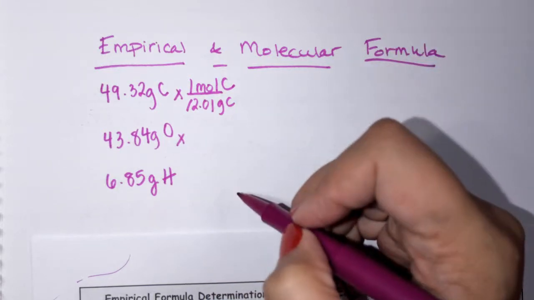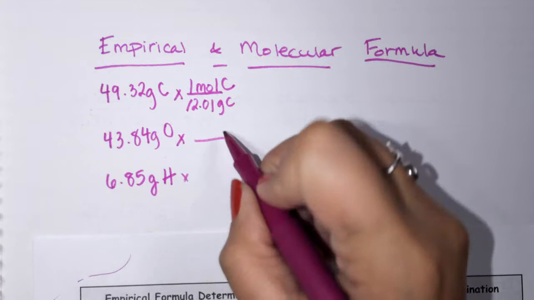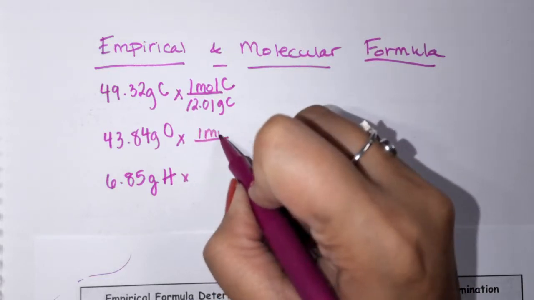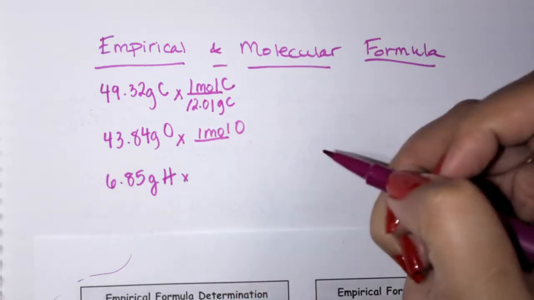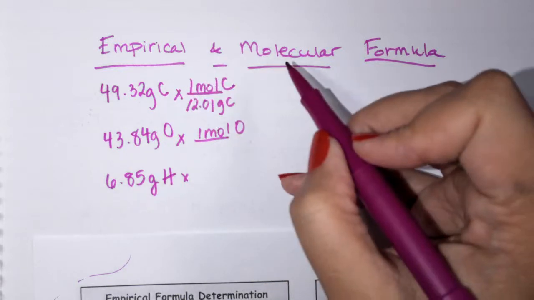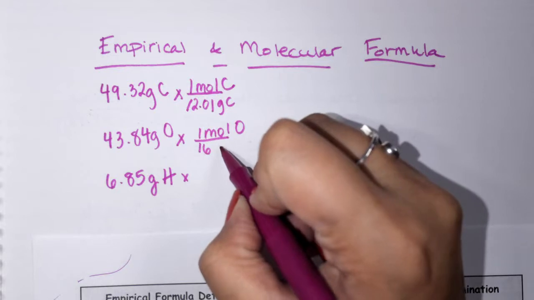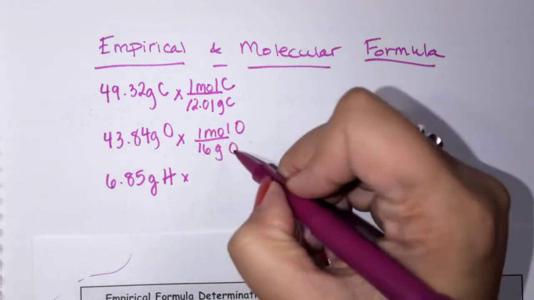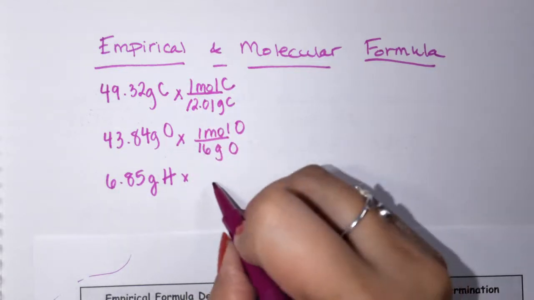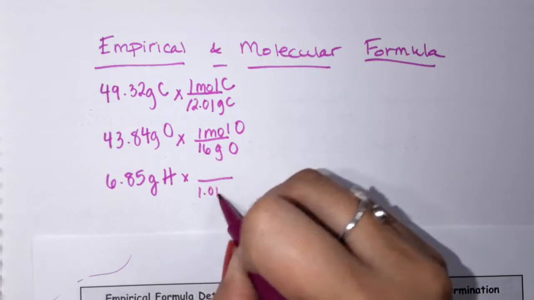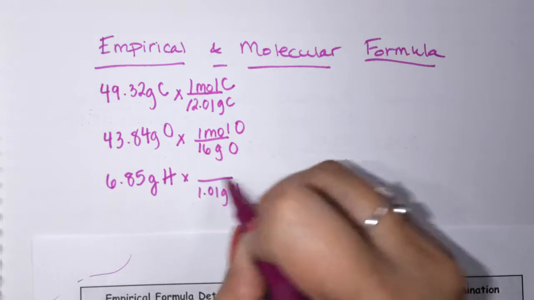Remember that when we pull oxygen off, we usually use its diatomic form. When we're using empirical and molecular formula, we just pull one atom. We do not make it diatomic. So 16 for oxygen, and we use 1.01 grams for hydrogen as well.